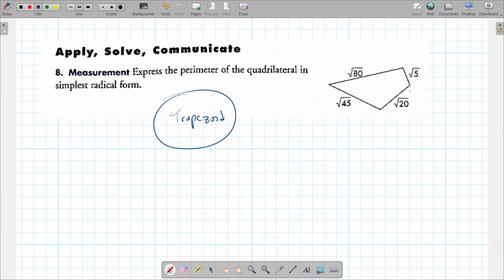So for a trapezoid, the formula for the area is a plus b over 2 times h. This is a, this is b, it doesn't matter which one you call a or b, and h is the altitude, the right angle distance between a and b.